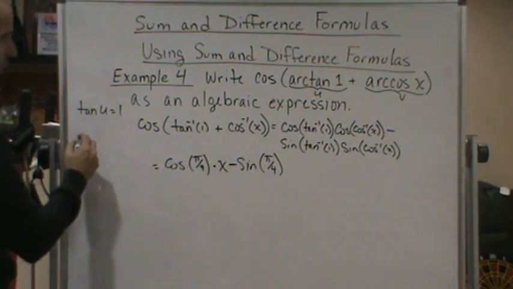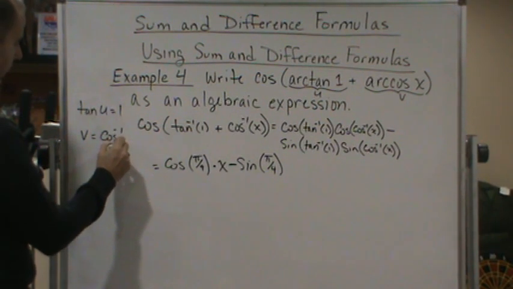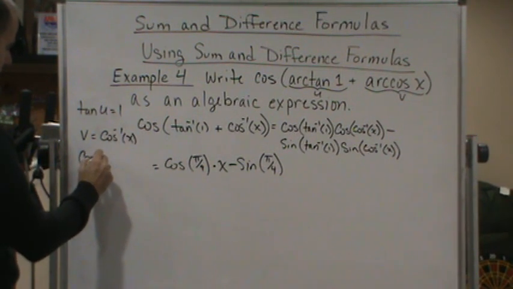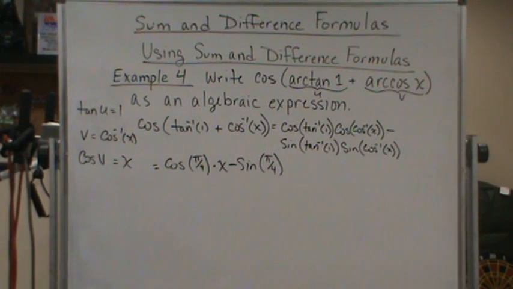So now we're going to use the same thing over here. So that means v equals cosine inverse of x. So that means cosine v equals x.